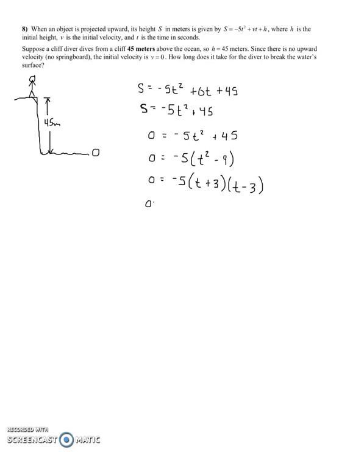So either 0 equals t plus 3 or 0 equals t minus 3. So from the first equation, we subtract 3 from both sides and we get -3 seconds, because remember t is the time in seconds. And when we do the second equation, we add 3 to both sides. So we get +3 seconds equals t.